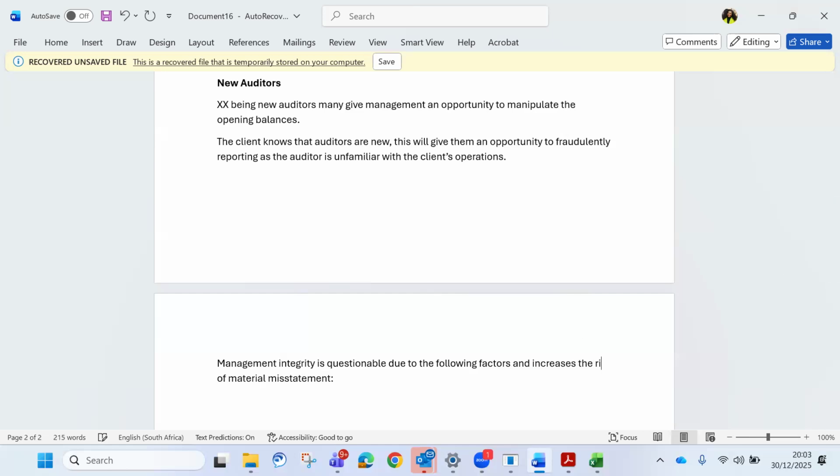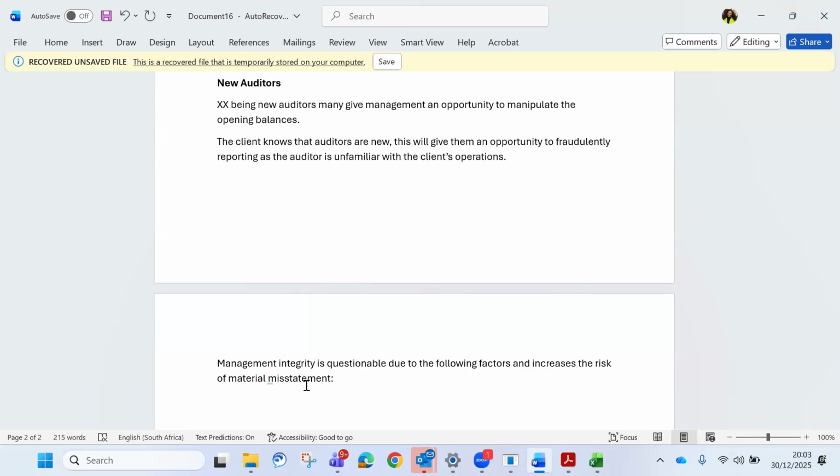So here, you started by saying management integrity is questionable due to the following factors and increases the risk of material misstatement. Now you're bringing in the things that you are reading, like there's a bribe, they didn't do this, and you say this is what is happening. Sometimes it's not just integrity.